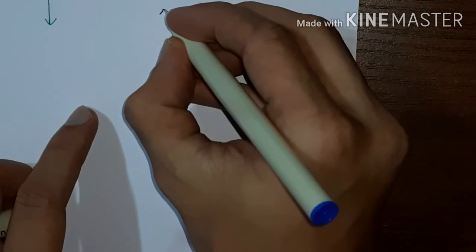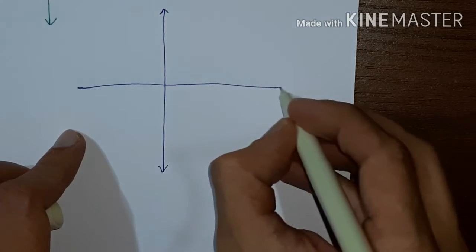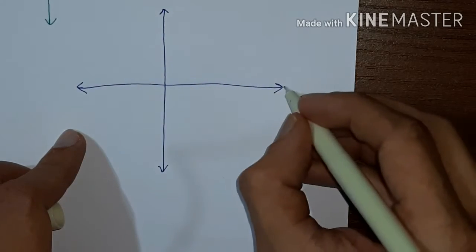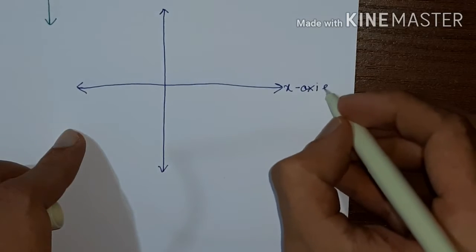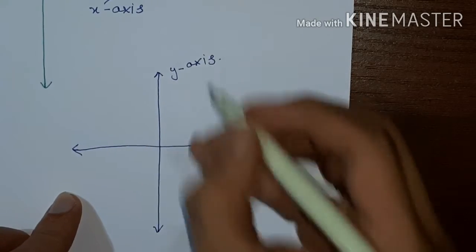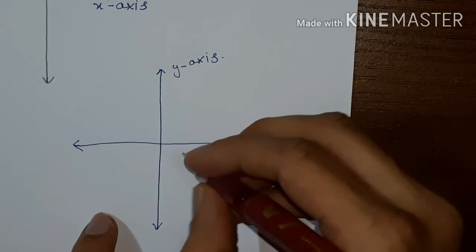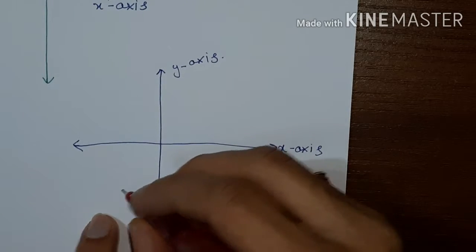Now suppose you have a non-vertical line. These are the coordinate axis, this is the x axis, this is the y axis. Now you consider a non-vertical line, so a line in this way.